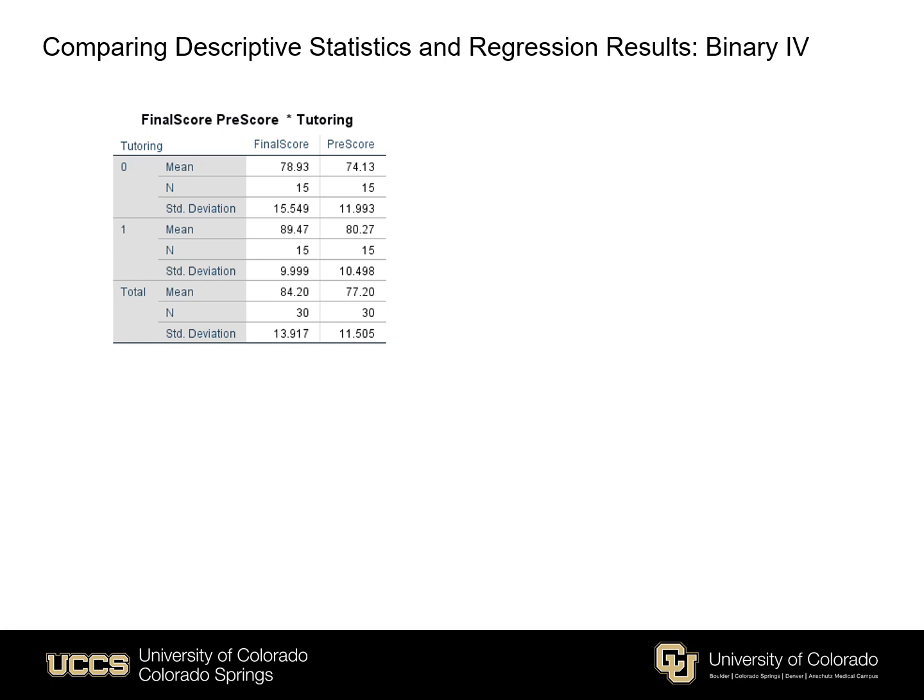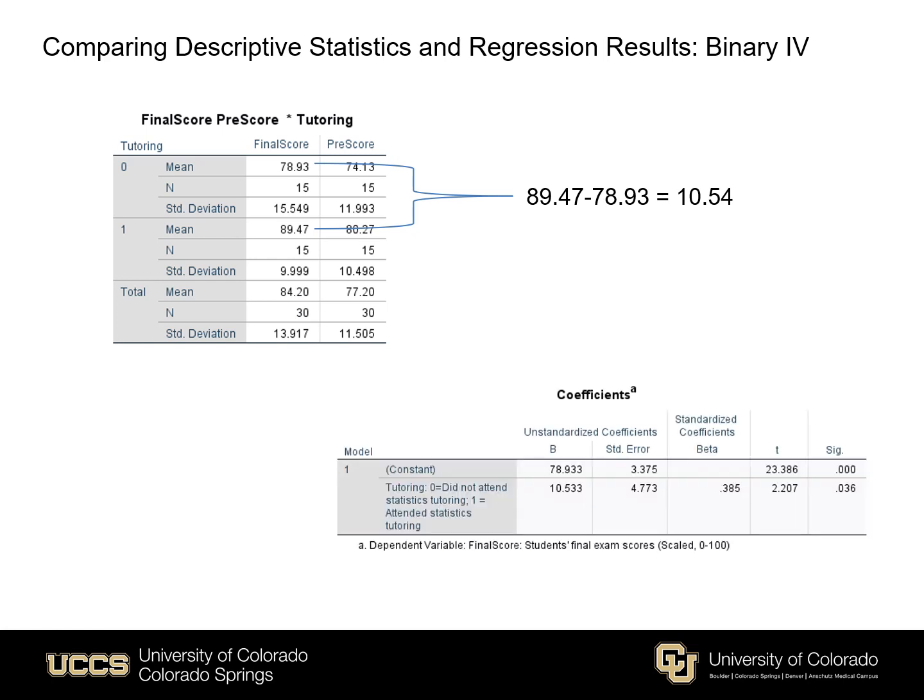And if we look here in the table at the mean final score for the people who did tutoring, coded as 1, versus folks who did not do tutoring, coded as 0, we see a mean difference of 10.54 points.